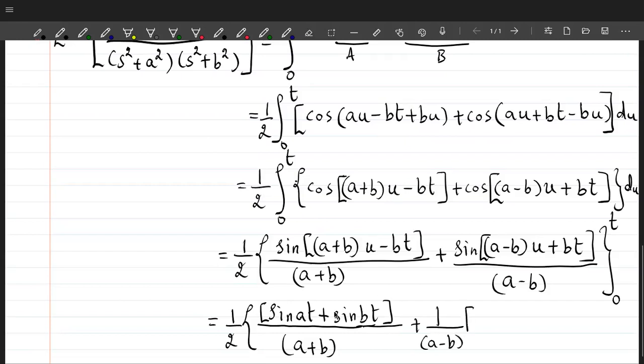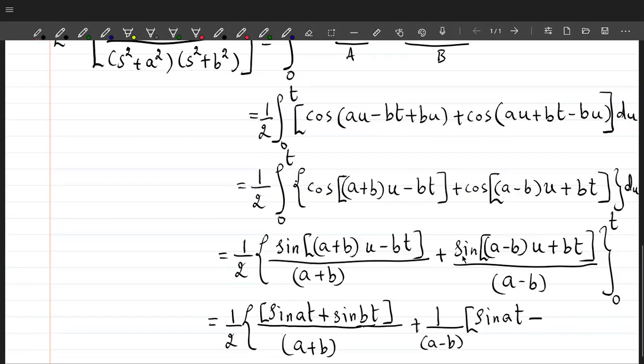into, let's see what do we get in case of upper limit and lower limit here. In the upper limit, which is t, if you put the value of upper limit here, you get sine of AT minus bt and you get plus bt. So I think again you will be cancelling the terms here of minus bt with plus bt. So sine AT is the value of upper limit minus, let's see what's the lower limit value.